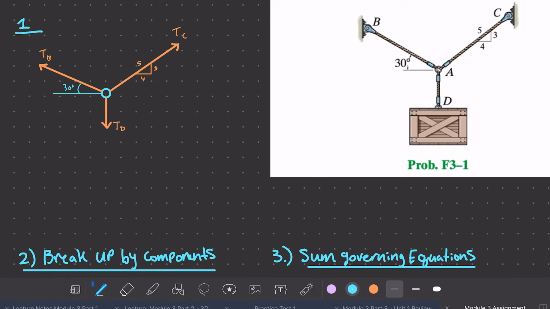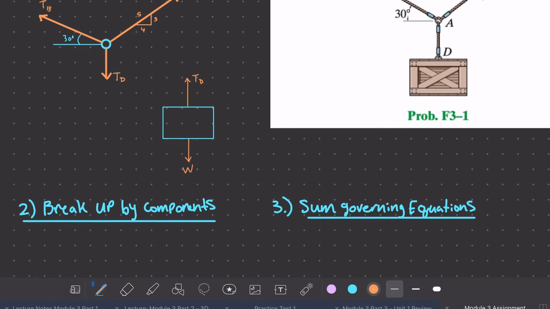I'll draw the diagram for ring D as well with the crate. This will be the tension of D. This will be the weight, which is equal to mass times gravity of the crate, which was given to us at 550 pounds.